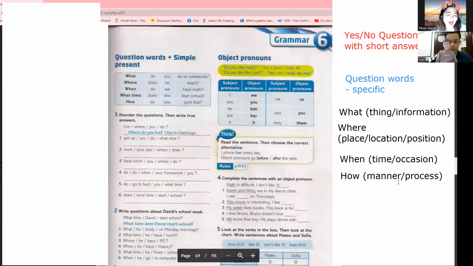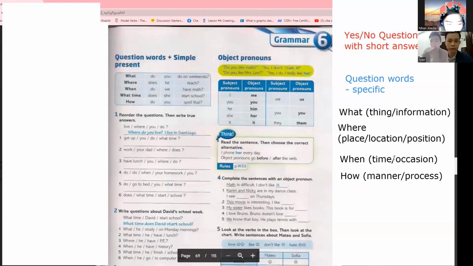For example, Ryan, how do you cook pho? So that is a process. How do you spell that? So that is a manner. How do you go to school? I travel by bus. So that is a certain manner.